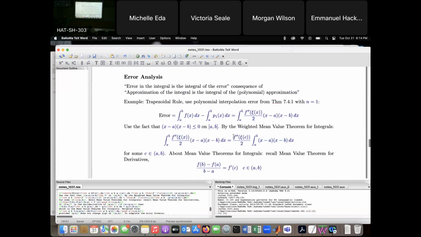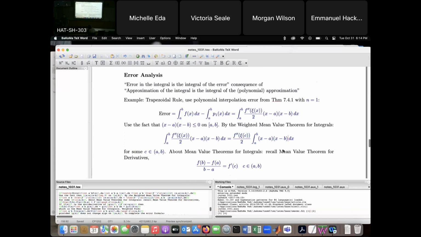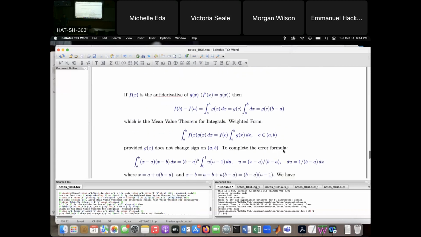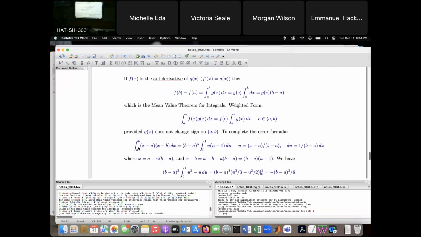So now that I have this for my error, this integral can be evaluated, because it doesn't depend on f, it doesn't depend on anything that's unknown. So I handle that down here. I have this integral of (x minus a)(x minus b), and I make a u substitution. u is equal to (x minus a) over (b minus a).